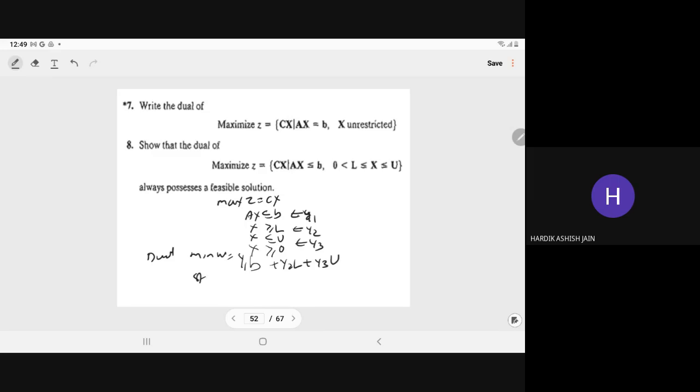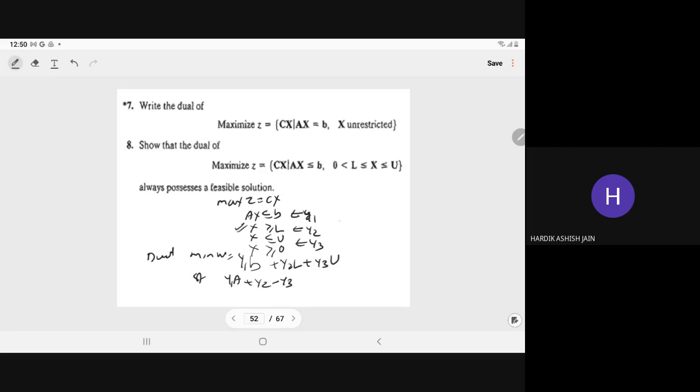Subject to, now corresponding to x, it will become y1a plus y2 and minus y3. There will be a minus sign, because here we have the maximum.